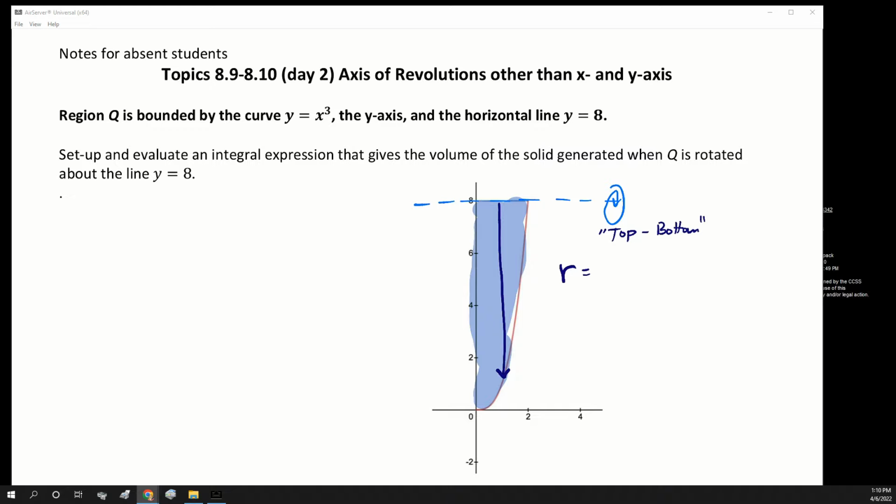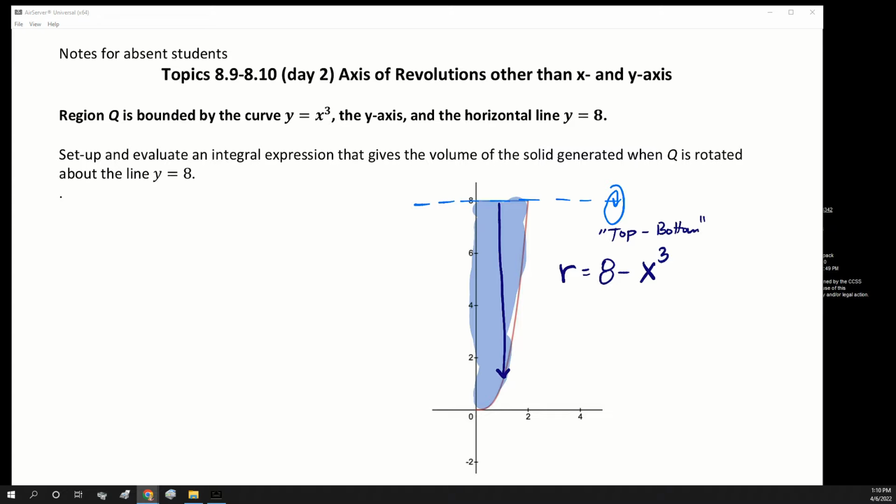All right, so the top in this case is going to be 8, and then the bottom is going to come from the curve y equals x cubed. So 8 minus x cubed is our radius.